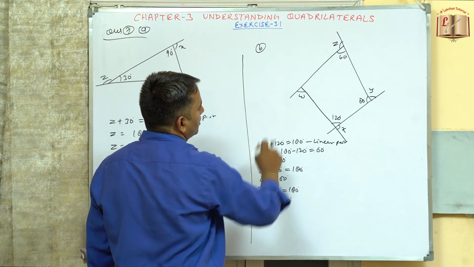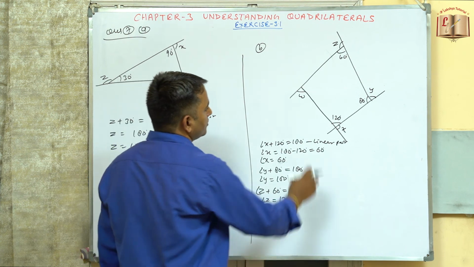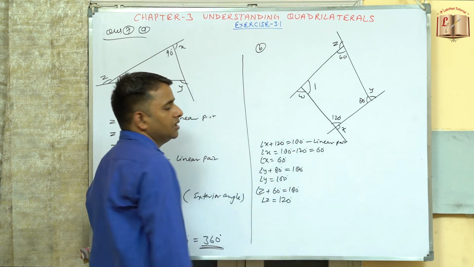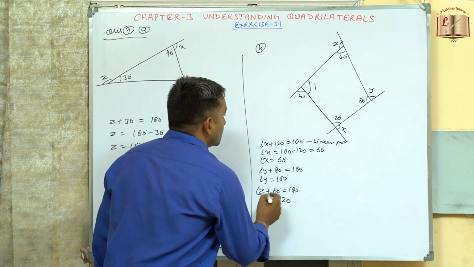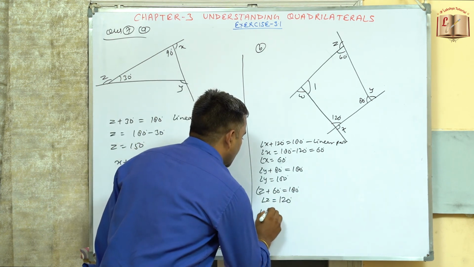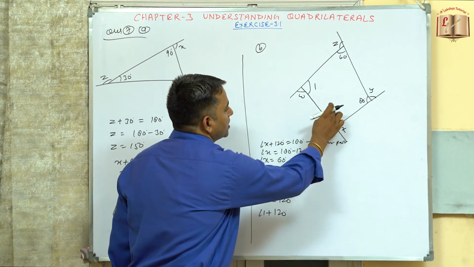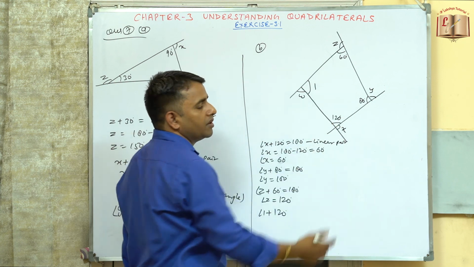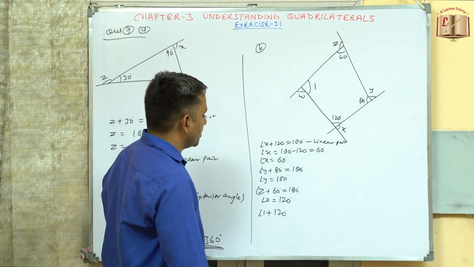Now we need to find out this w. So first of all we will find out this angle, angle 1. So angle 1 plus 120 degrees, because the sum of all these angles, this and this will be equal to 360 degrees, because this is a quadrilateral.